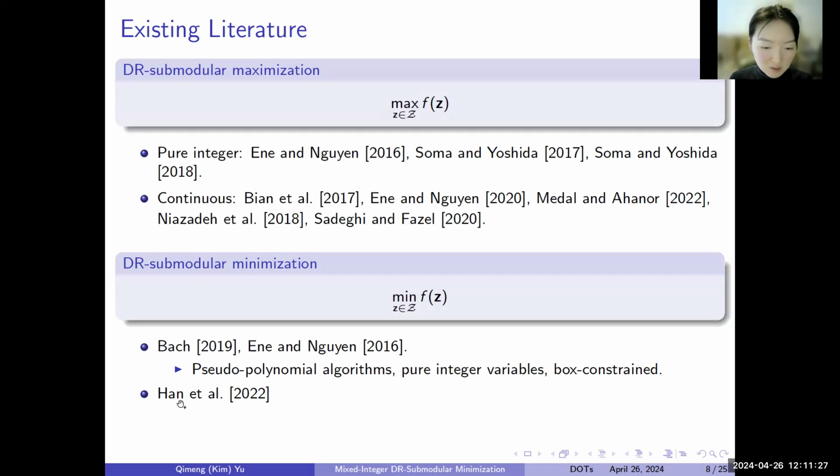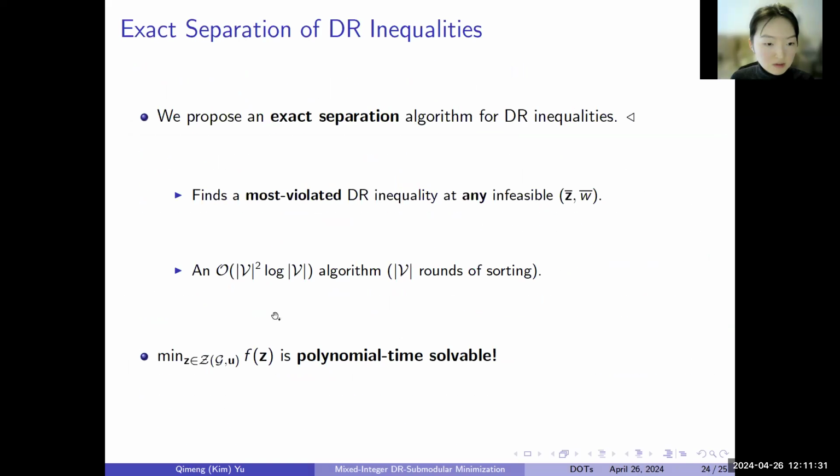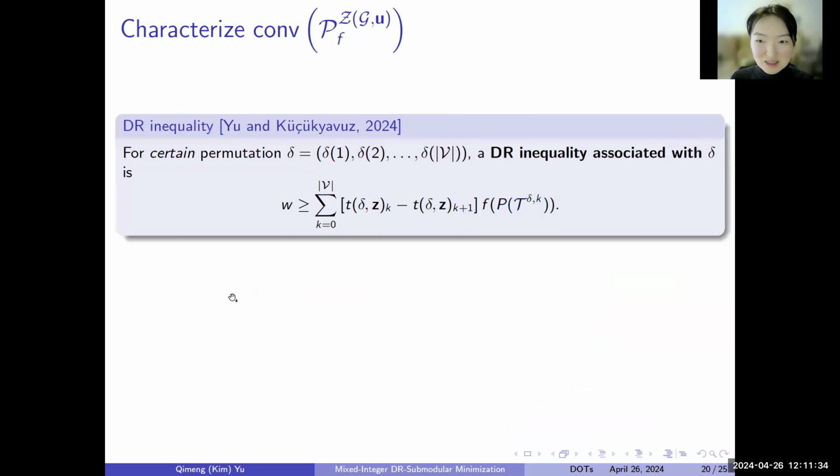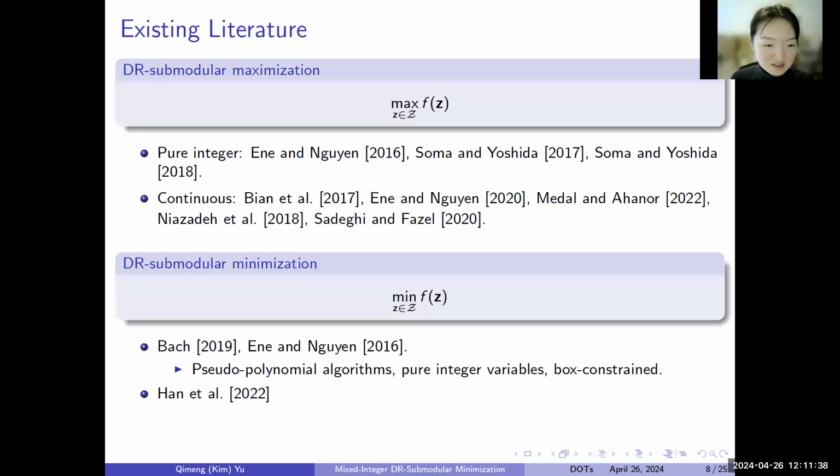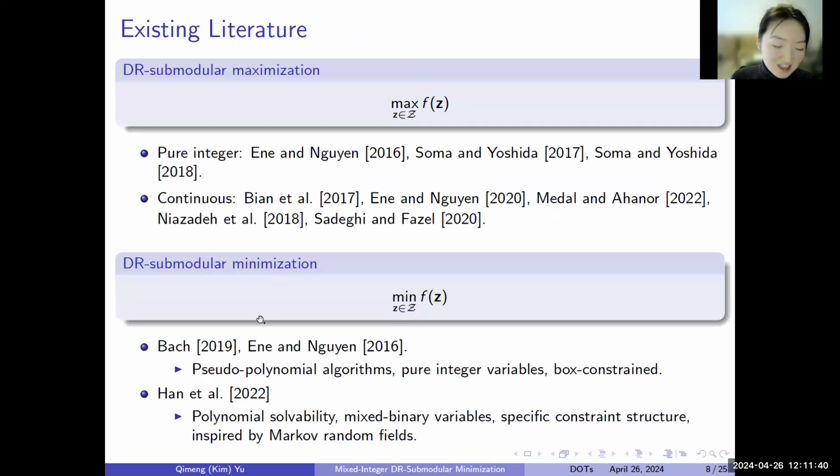And concurrent with our work, Han et al. tackled a related problem class that's inspired by Markov random fields. They have mixed binary variables and certain objective and constraint structures. And they showed that this problem class is polynomially solvable.